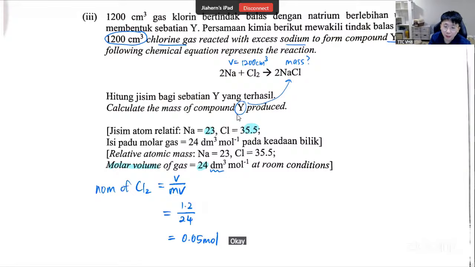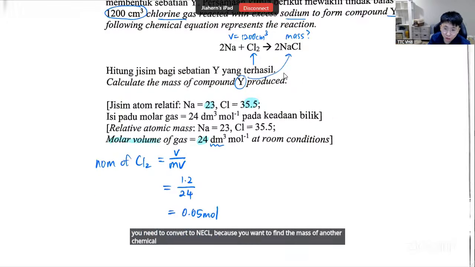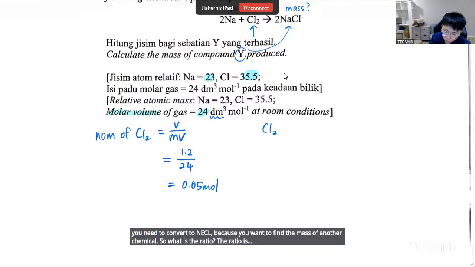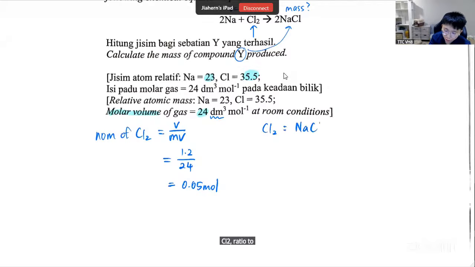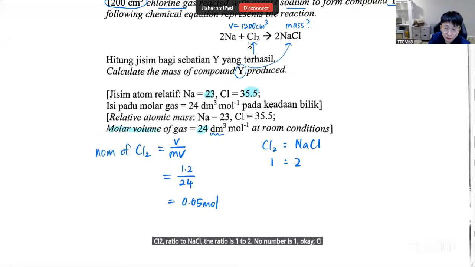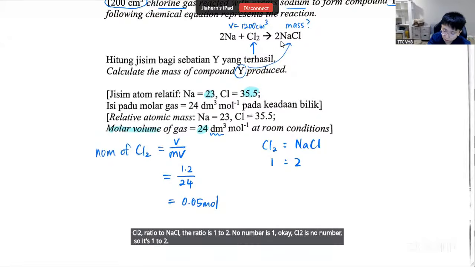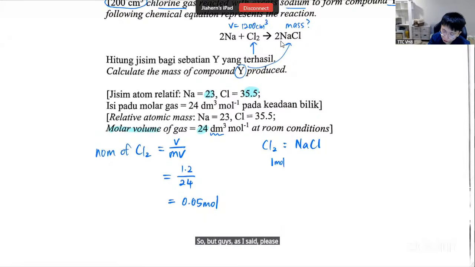Okay? But the number of moles now is for Cl2, right? You need to convert to NaCl because you want to find the mass of another chemical. So what's the ratio? The ratio is Cl2 to NaCl. The ratio is 1 to 2. Cl2 has no number, so it's 1 to 2. But guys, as I said, please put unit, 1 mole to 2 mole. Then use the actual number, 0.05 mole. Your NaCl is 0.1 mole.